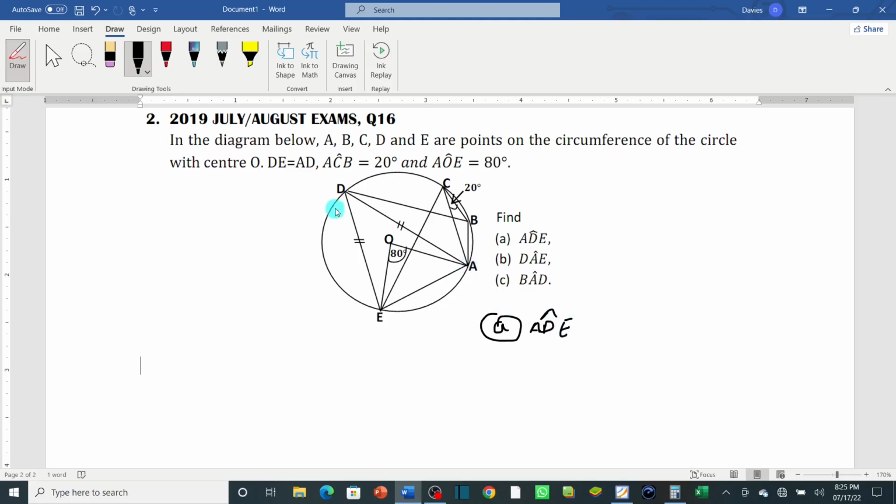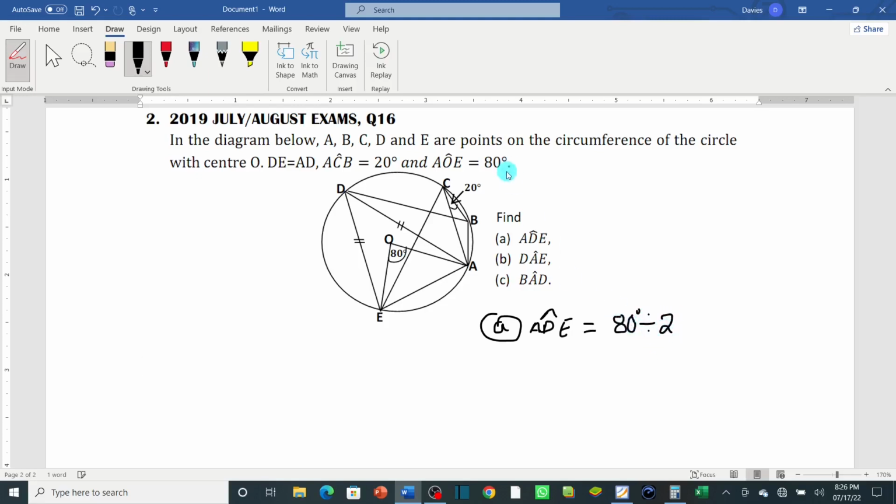So angle ADE is equal to this one, 80 degrees, divided by 2.